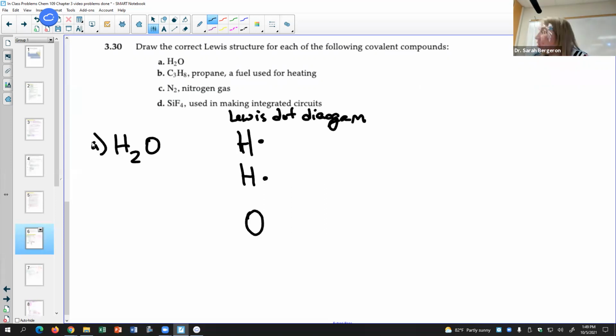How many valence electrons does oxygen have? 6. So what do I do with those valence electrons? Put them 1 on each side, and then you can pair them up. Does it matter which ones you pair up? Does not make a difference.